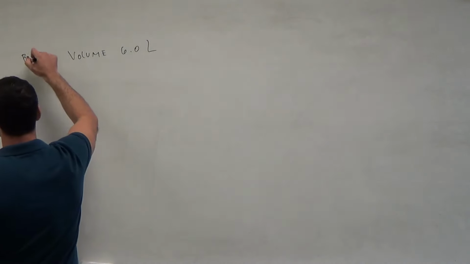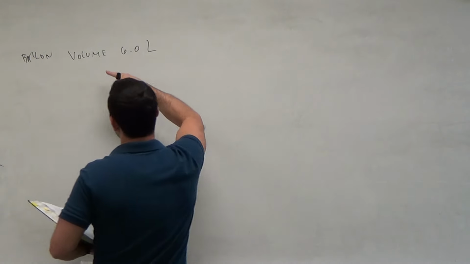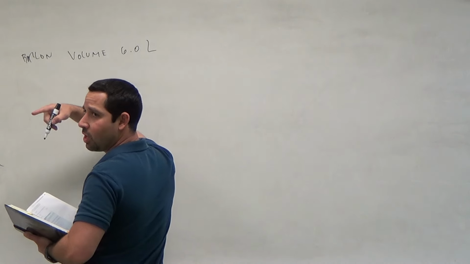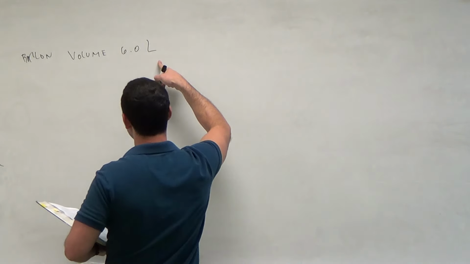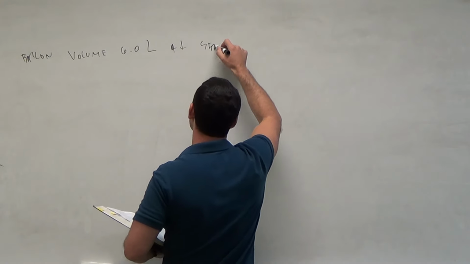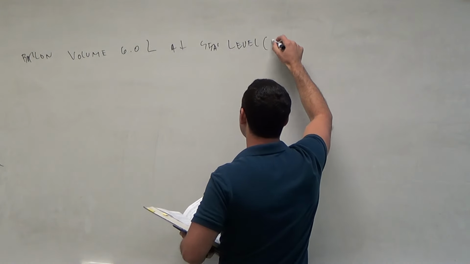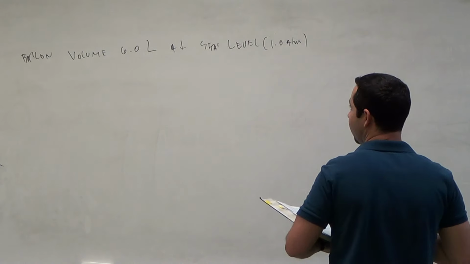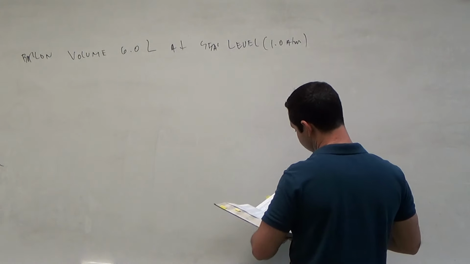That's not how you spell balloon, right? Two O's. Who's an English major in here? So the volume of the balloon is 6 liters at sea level.